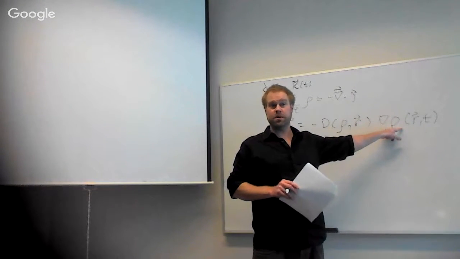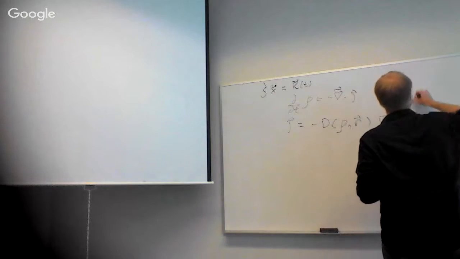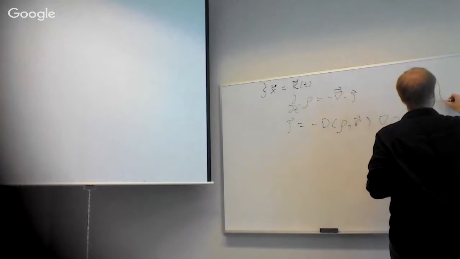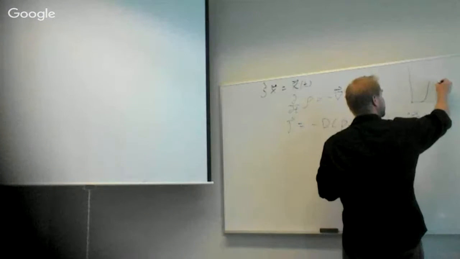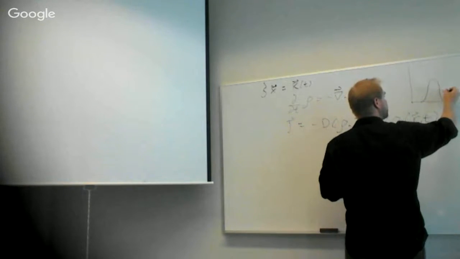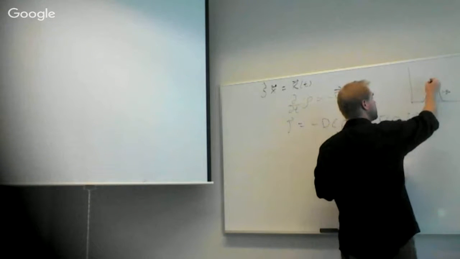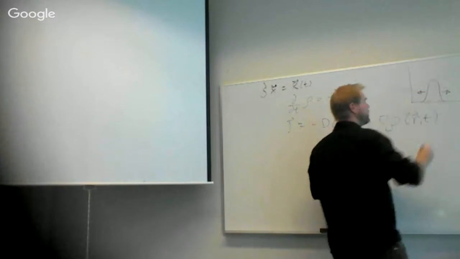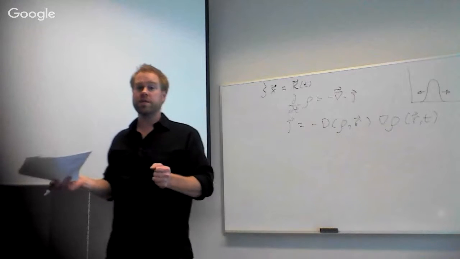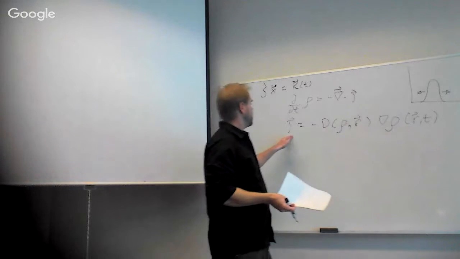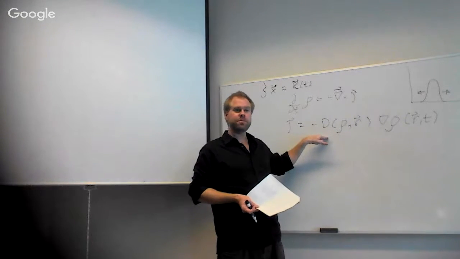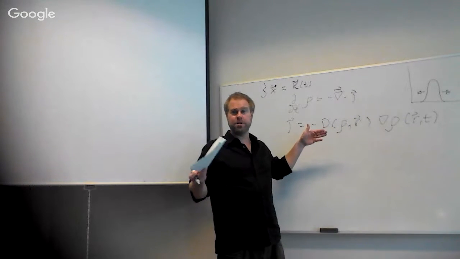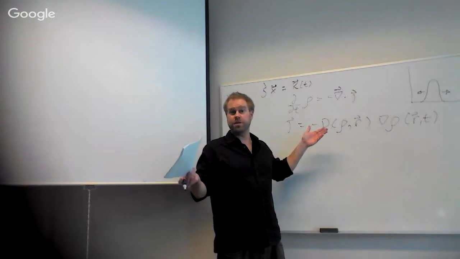What is this telling us? We have a distribution of particles like this, with way more particles here than on either side, so there's a gradient. This would be a negative gradient; there will be a flux in this direction. Here there's a positive gradient; we'll have a flux in this direction. That's all Fick's law tells us. These will be proportional to each other, and there's some constant there, and that constant is the diffusion coefficient.